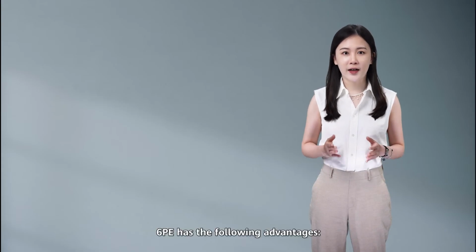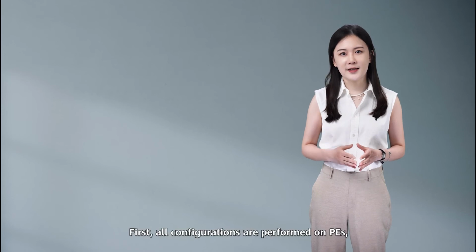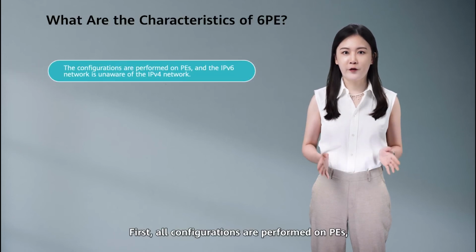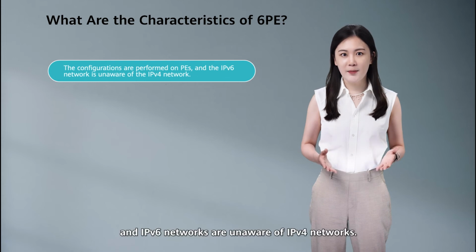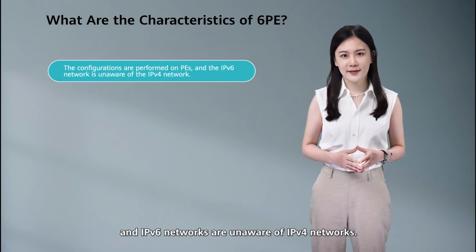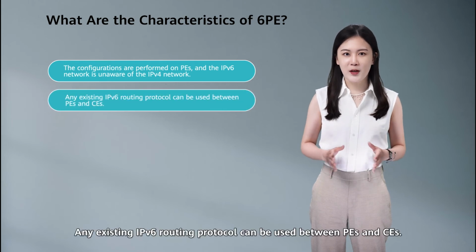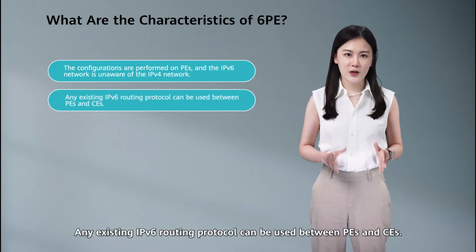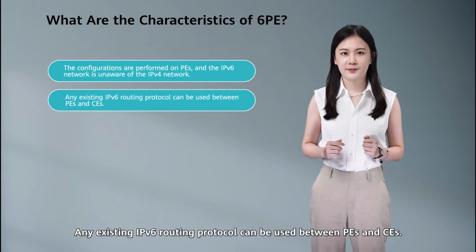6PE has the following advantages. First, all configurations are performed on PEs, and IPv6 networks are unaware of IPv4 networks. Any existing IPv6 routing protocol can be used between PEs and CEs.